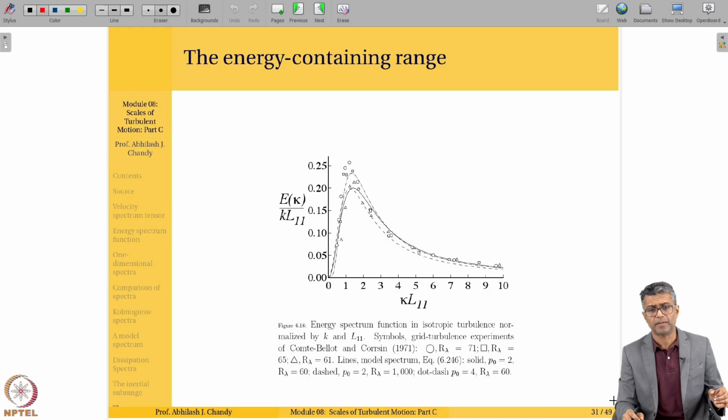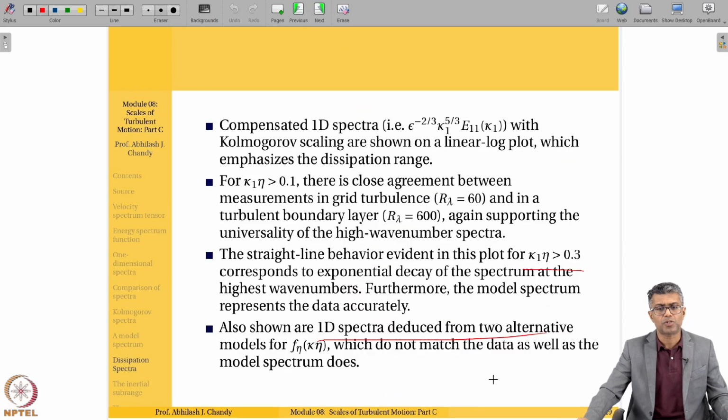The lines here are the model spectra. The solid line is P0 equal to 2 for R lambda equal to 60, and the dashed line is P0 equal to 2, R lambda equal to 1000. So clearly you have the model spectra plotted at different Reynolds numbers. The dot-dash line is P0 equal to 4, R lambda equal to 60. So you can see where P0 comes in.